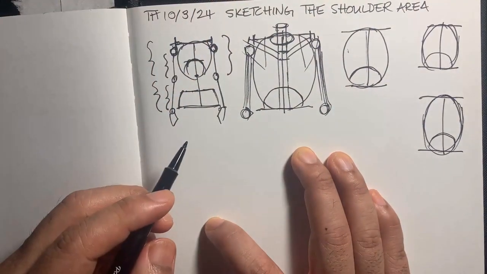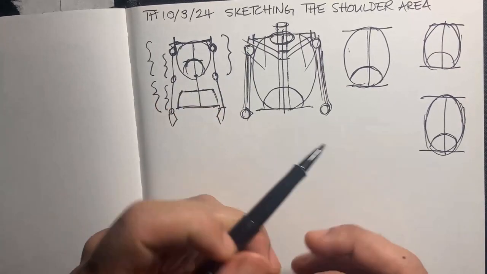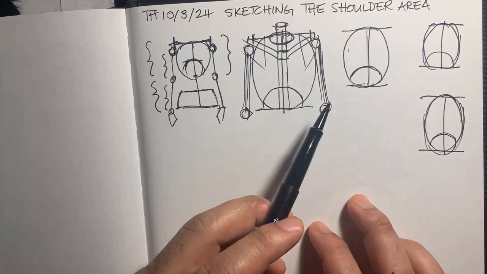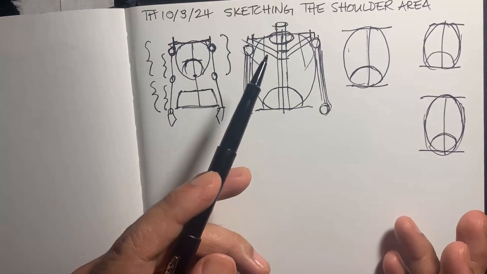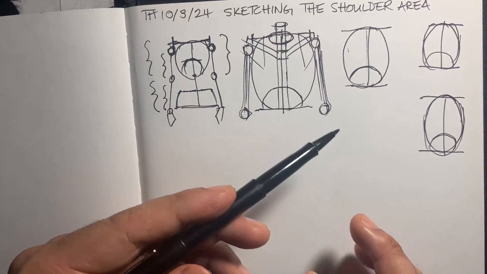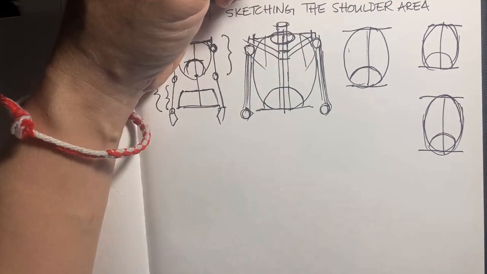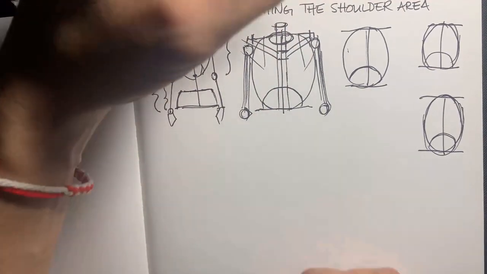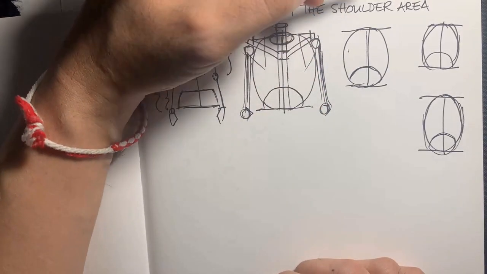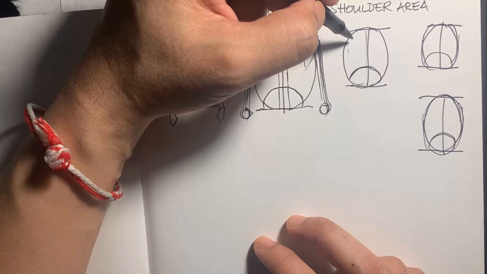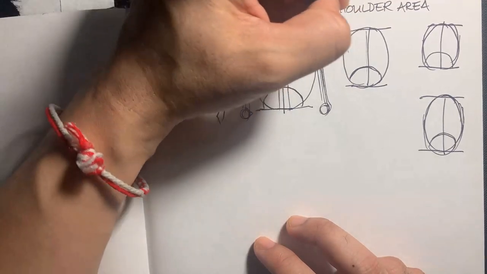Let's see. First we'll start with the front view, but I want to go over what makes it complex. Part of what makes it complex is that any movement of the arm affects the shoulders. They can't really be done without that.